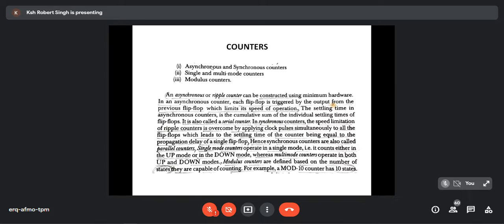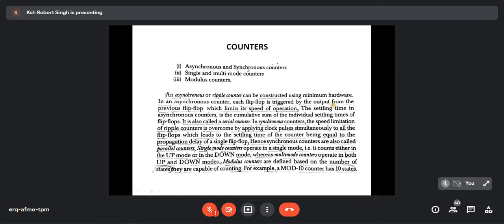The output of one flip-flop will trigger the next flip-flop, and the output of that will trigger another flip-flop, and it goes on like that. That is called asynchronous, where there is no synchronization.